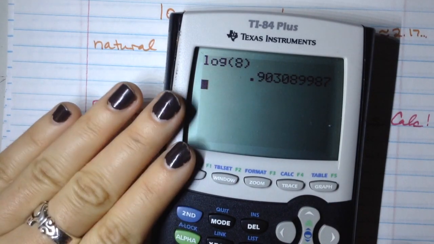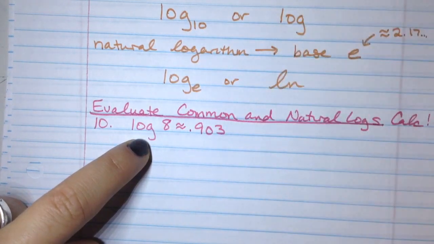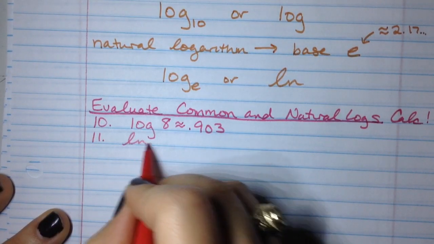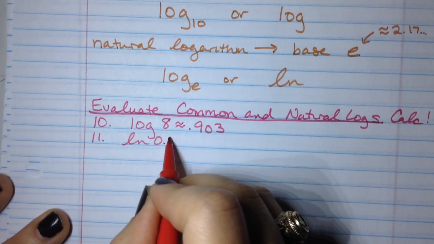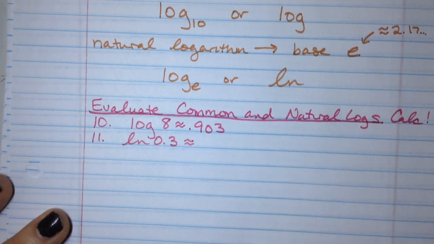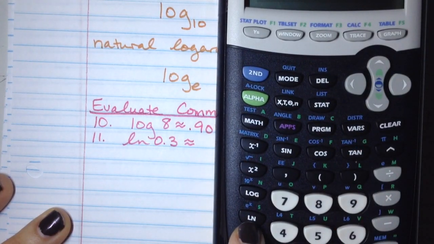Again, you can only use your calculator to do these if the base is 10 or invisible, or you're actually using a natural log. So in number 11, let's say we have natural log of 0.3. Well, again, we have a natural log button. This is ln right there.